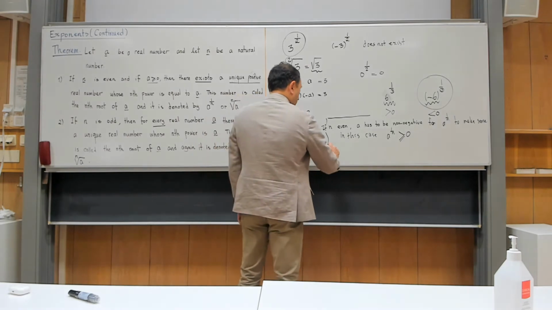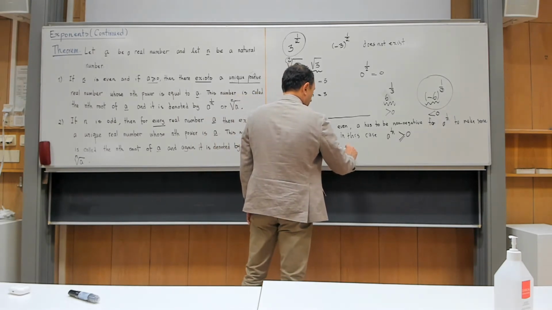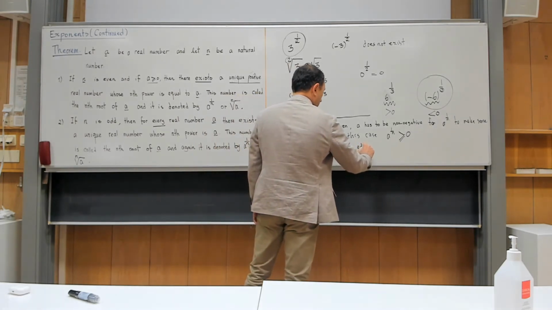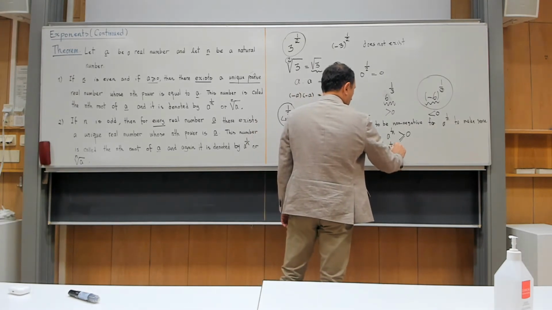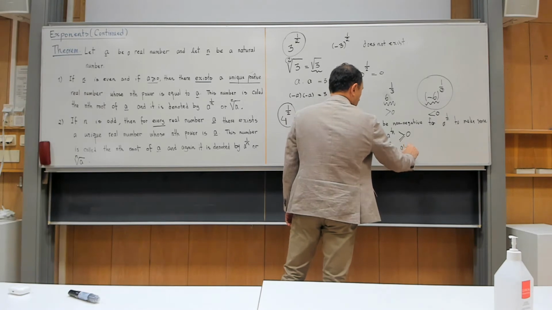But number two, if n is odd, then a to the power of 1 over n always makes sense.